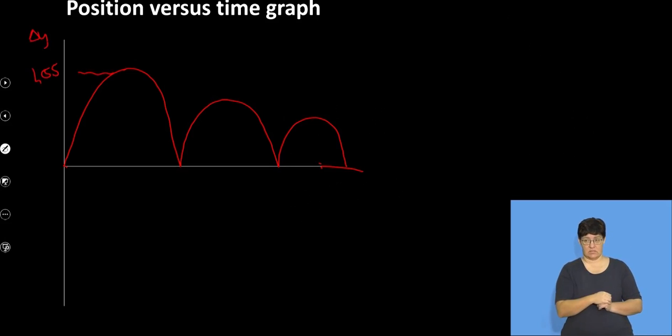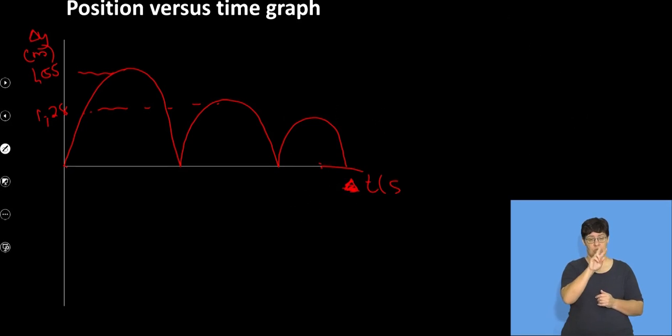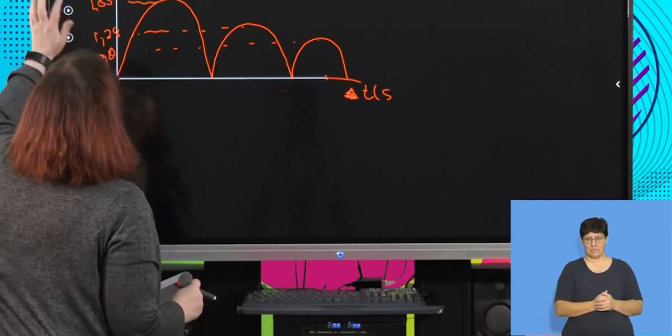Don't forget this is delta y, and this is time. This height was the second height we calculated, which was 1.28, and this one here was 0.81. Not even vaguely to scale, but that's okay. We'll live with it, okay?